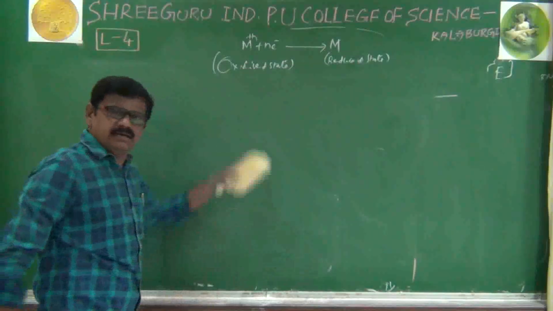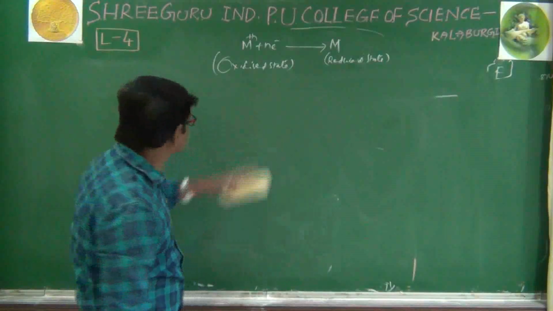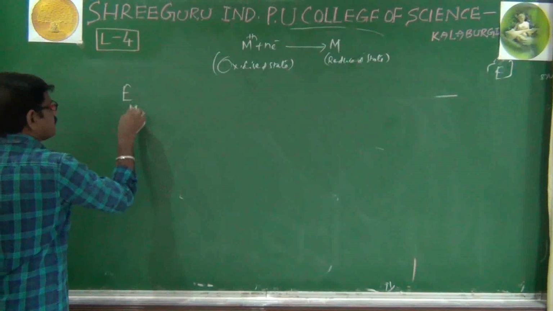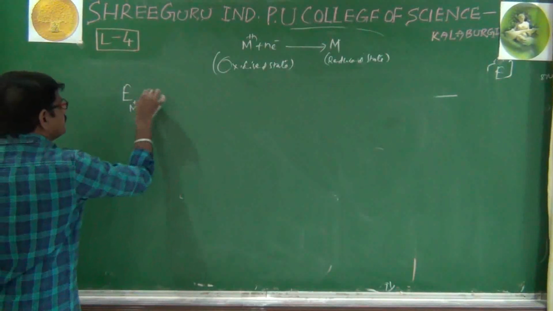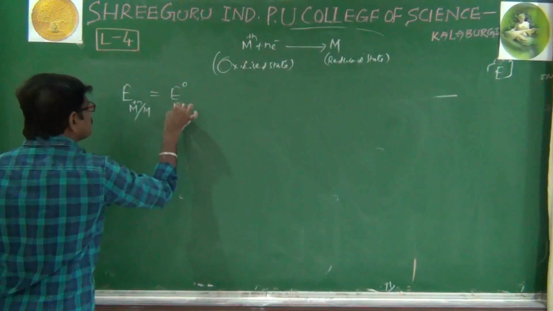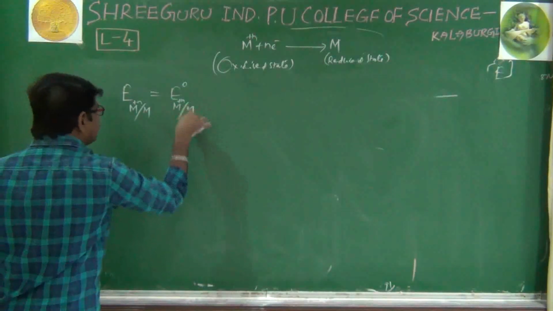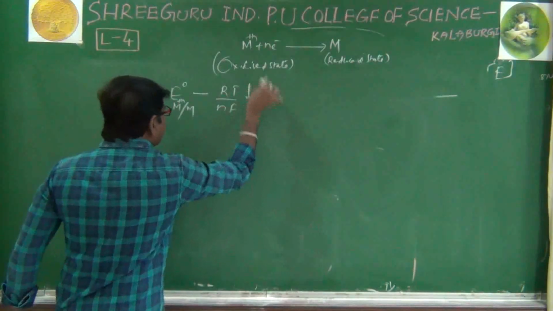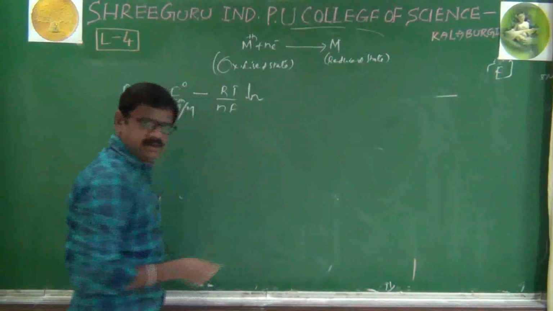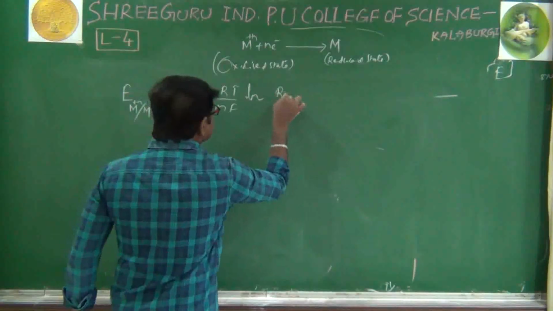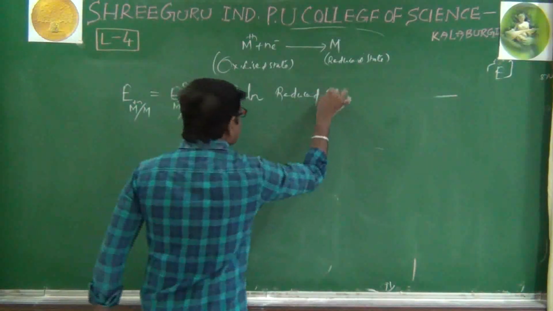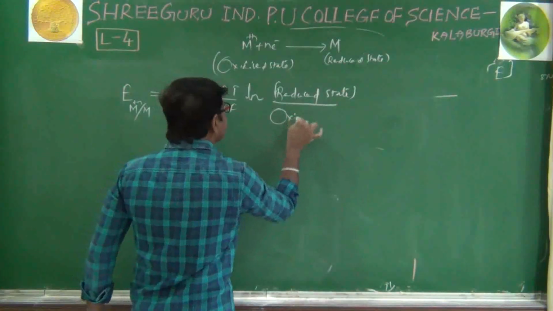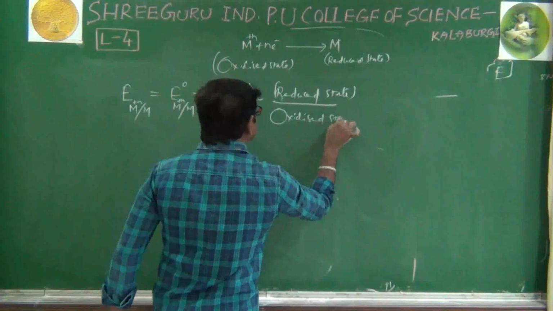Now first we'll take the Nernst basic equation. It is like this: E M plus N oblique M is equal to E naught M plus N oblique M minus RT by NF ln, reduced state concentration divided by oxidized state concentration.